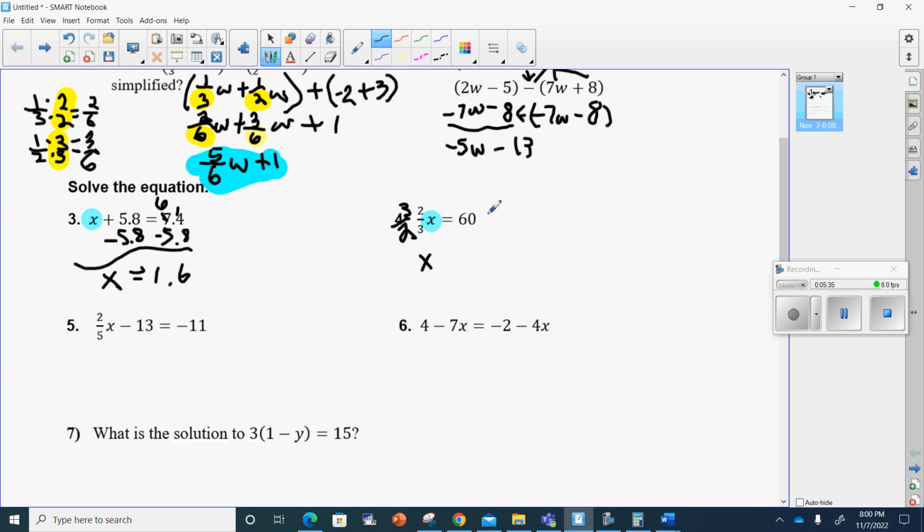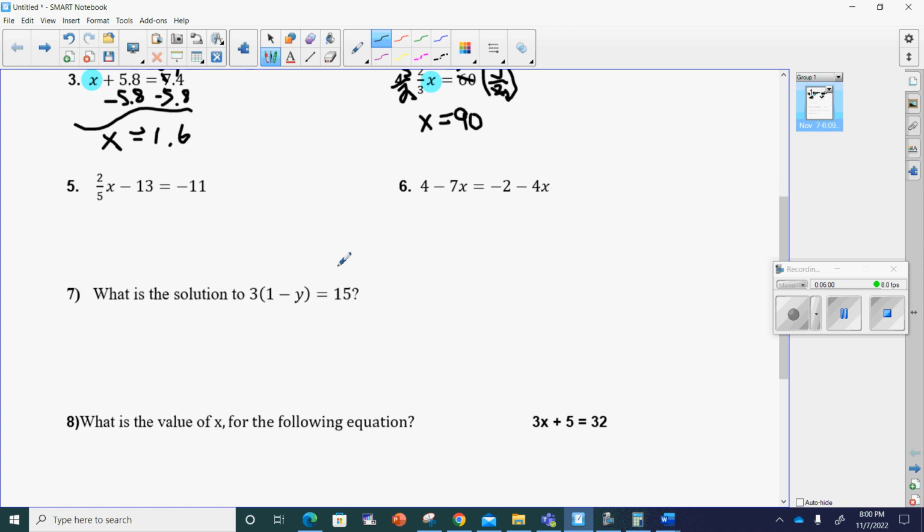Whatever I multiply to one side, I multiply to the other. So I'll multiply 60 to 3 over 2. I know 2 goes into 60 30 times, and 2 goes into 2 one time. This will give me 30 times 3, which equals 90. So this is going to equal 90.